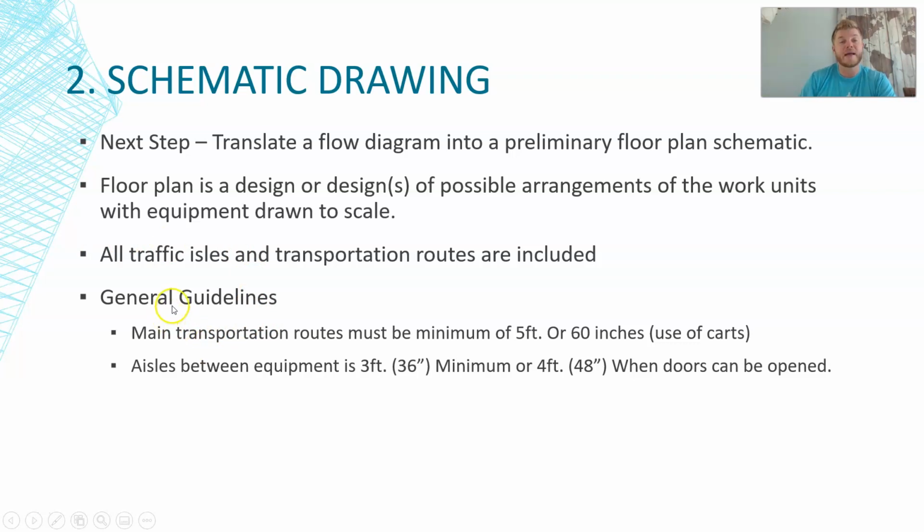As some general guidelines, when you start designing those areas, main transportation routes must be a minimum of 5 feet or 60 inches wide. So this is for the use of carts, but also wheelchairs. Think about if you go to Walmart, or any of those grocery stores.